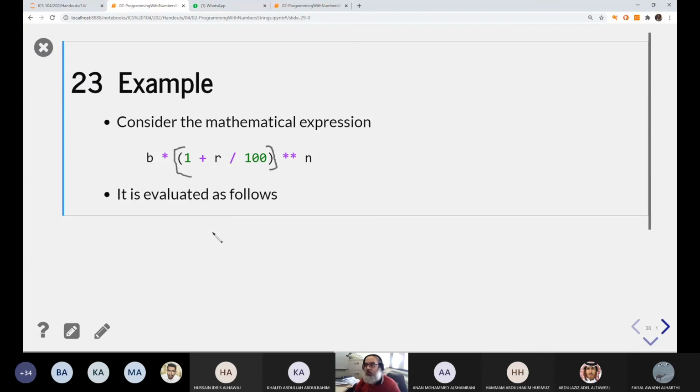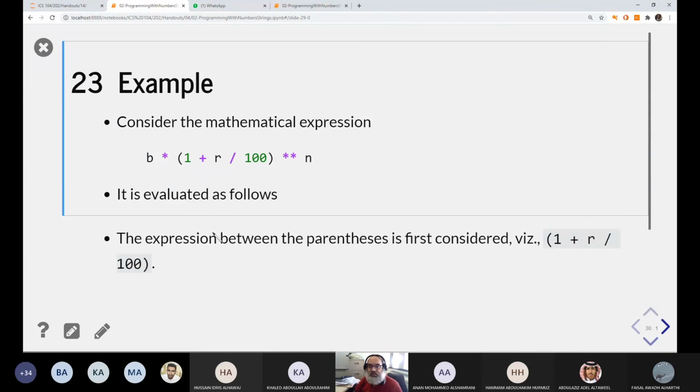I need to worry about the expression in between the parentheses. In the parentheses, we have two operators, addition and division. Which one is higher? Division.